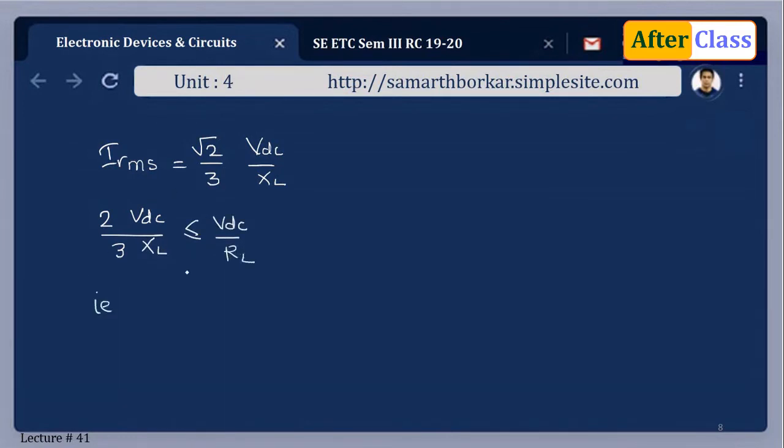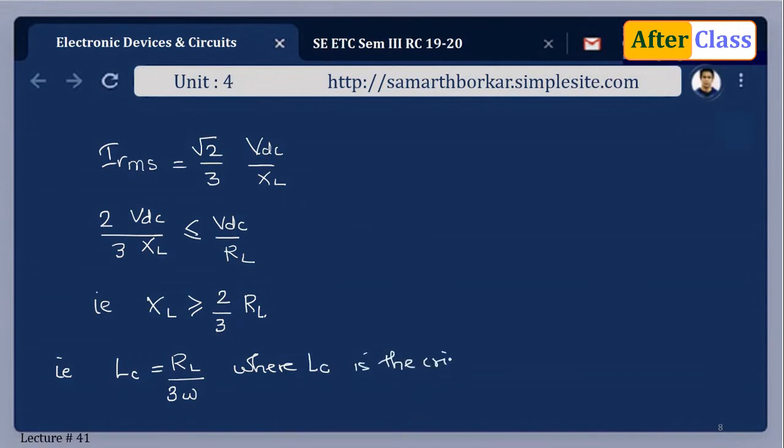That is, VDC gets cancelled, so XL should be greater or equal to 2 by 3 times RL. That is, LC should be RL divided by 3 omega, where LC is the critical inductance.